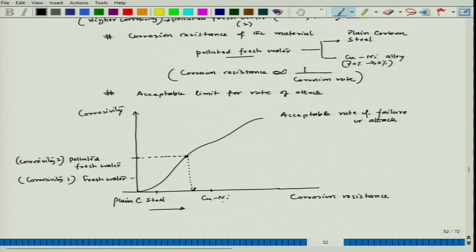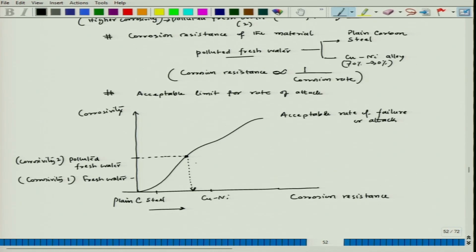So, copper nickel alloy has a much lower corrosion rate, that means higher corrosion resistance in that particular corrosive solution, the polluted fresh water. We also see that the projection on the x axis is to the left of the copper nickel alloy on the corrosion resistance axis.